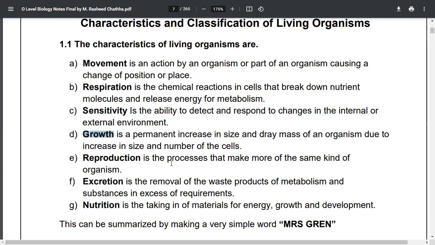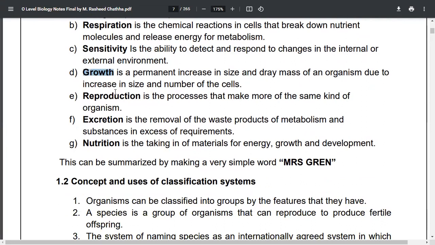And growth is the permanent increase in size and dry mass of an organism due to an increase in the size and number of cells. And reproduction is the process that makes more of the same kind of organism.